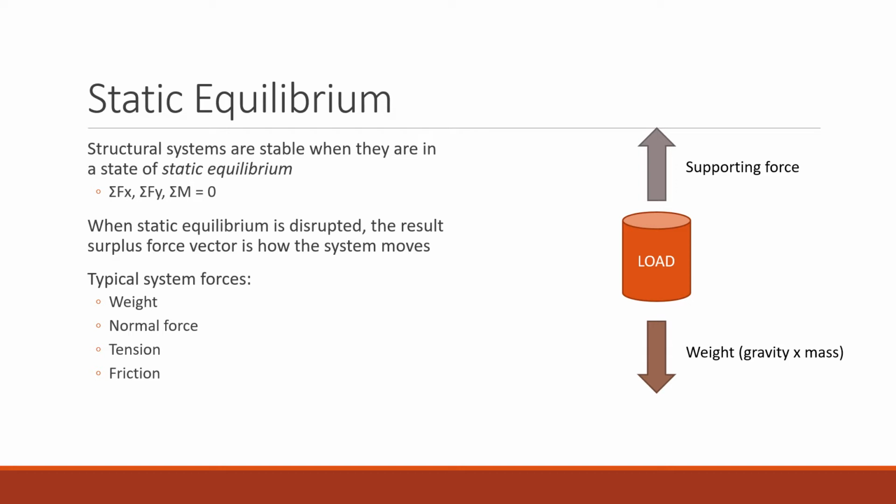It's in a state of static equilibrium if all of the forces that act on it are equal to 0. So all the forces in the x direction all sum to 0. So the force of the buttress on one side is equal to the force of the buttress on the other. So forces in the x direction are equal to 0.